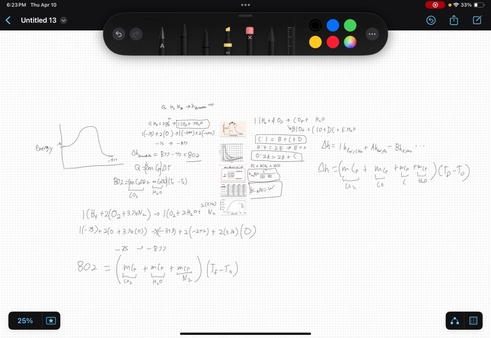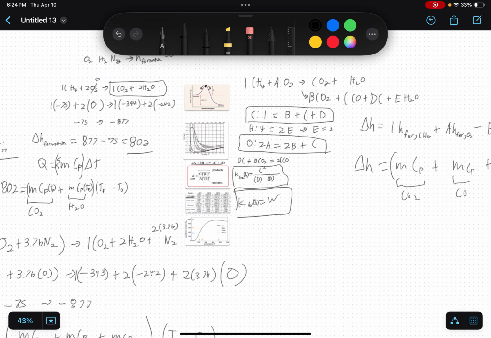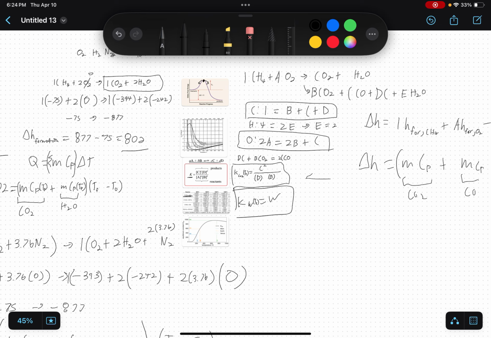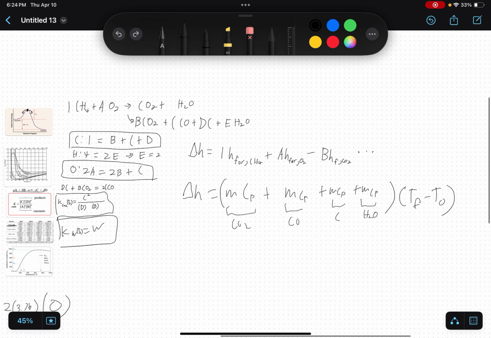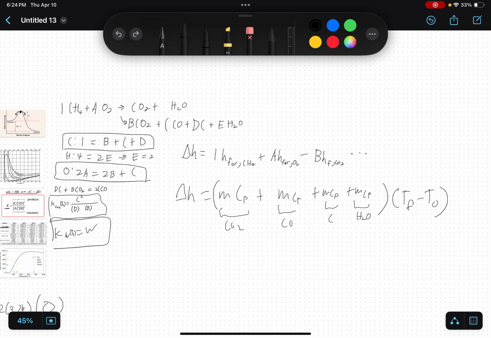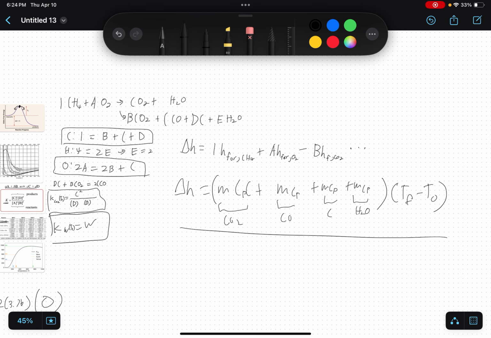So the way to do it is to pick a final temperature, plug it into here, and then you'll be able to solve for A, B, C, D, and E. Then you plug it into your delta H equation, and then you plug that delta H into here, and you plug the temperatures into the CP of T to find out what the CP value actually is. And then you can solve for T final.